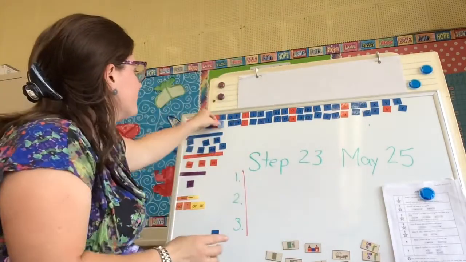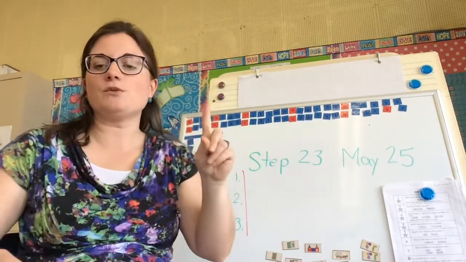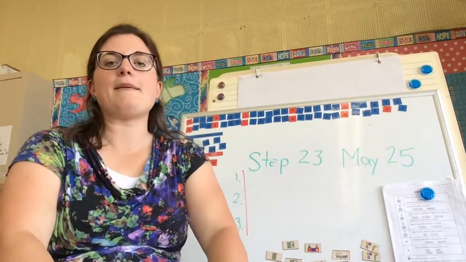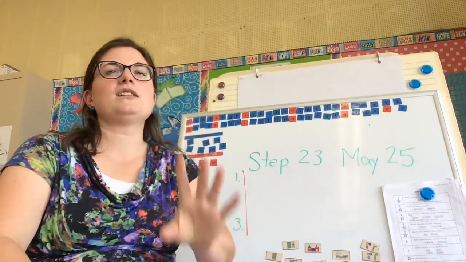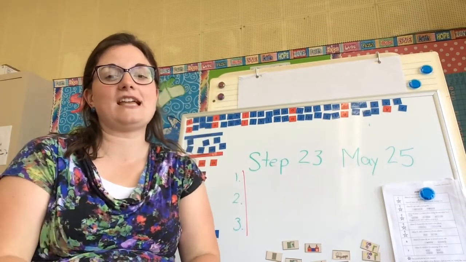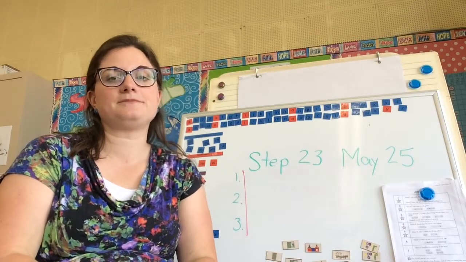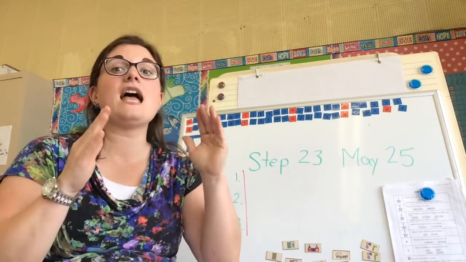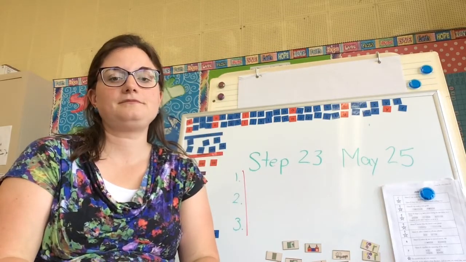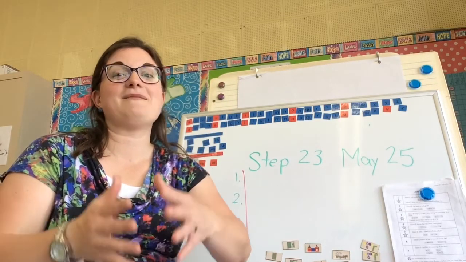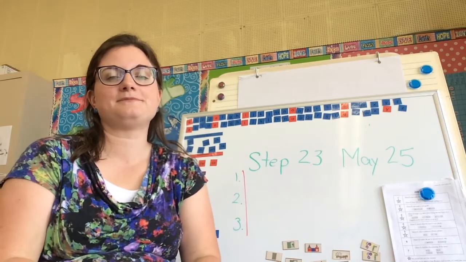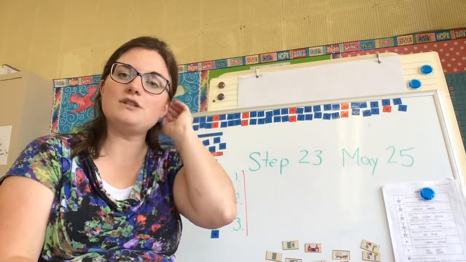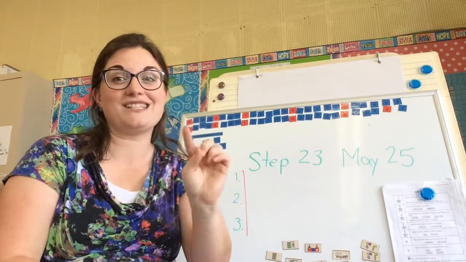Okay, so your first word is cups. So what's just one of that first? Sound that out. Cups. So you're going to say cup. Sound out cup. And then make it plural, cups. If you need to hit pause because you need more time, I want you to hit pause so that you can sound it out, okay?